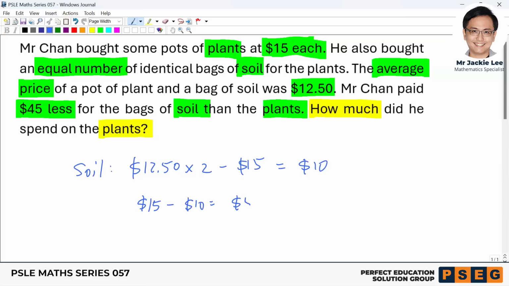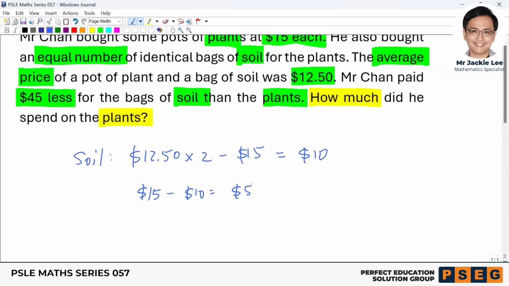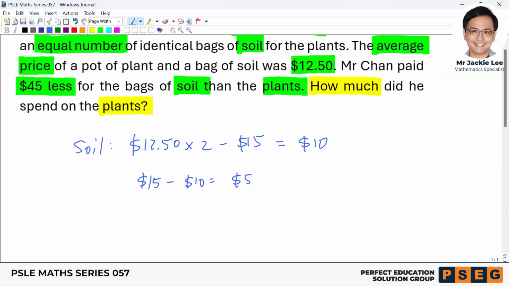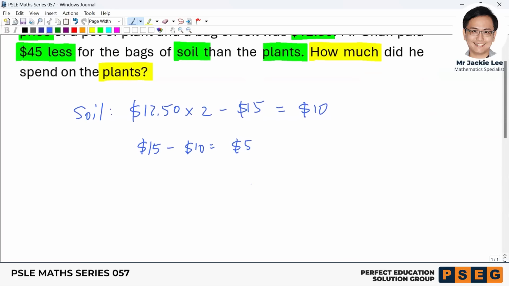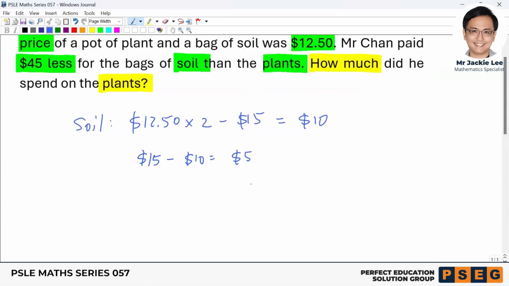So this is $5 between one plant and one bag of soil. And this guy eventually paid $45 less. So that $45 less between the soil and the plants is $45 divided by each difference of 5, so we have 9 sets.